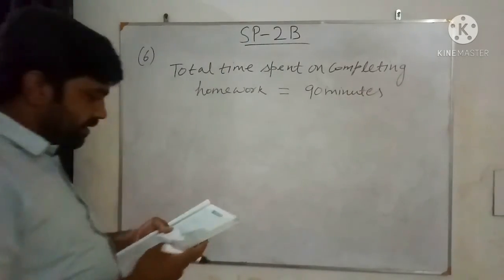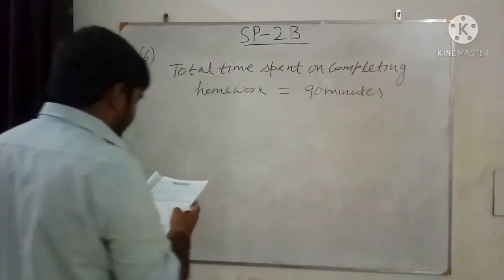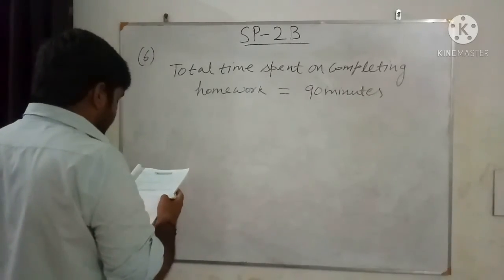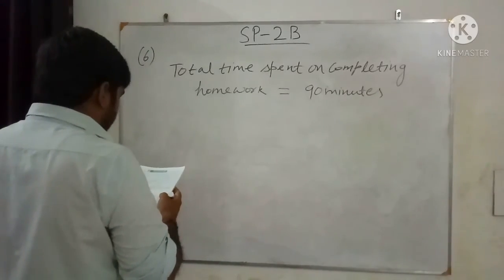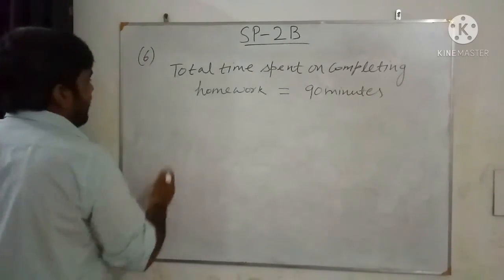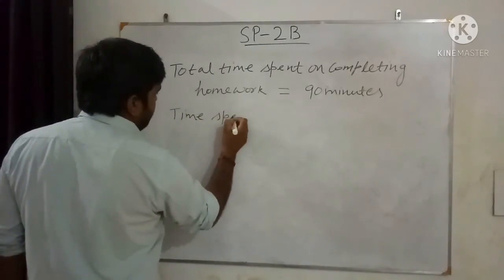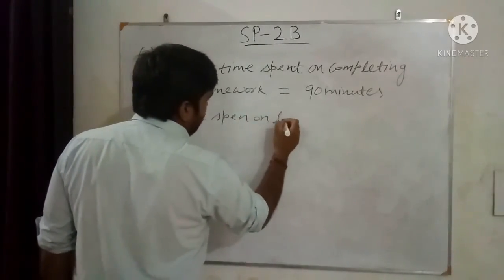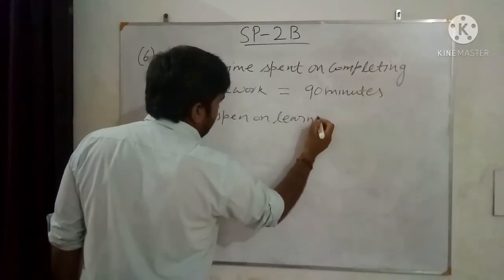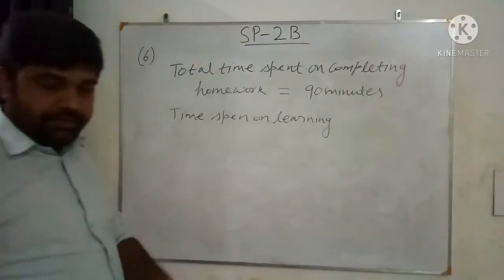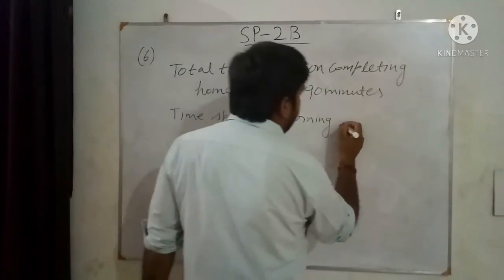Okay. Out of that, fraction, she spent 1 by 9 on learning. So time spent on learning spellings.